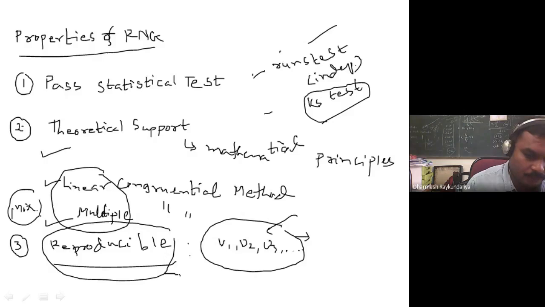It is important because we wish to go for testing and variance reduction techniques later on. When you talk about the estimation part and the testing part, there are various techniques, and it is essential that whatever the random numbers are, they should be reproducible.